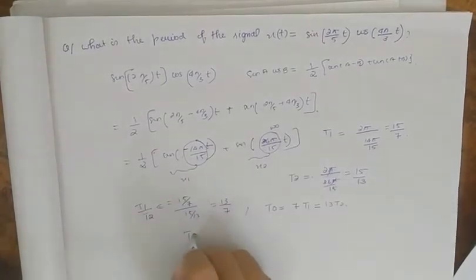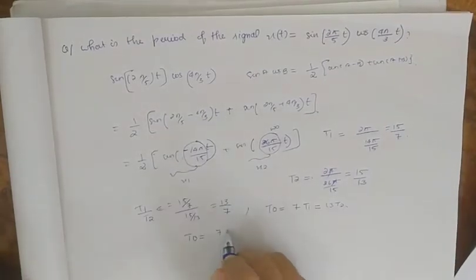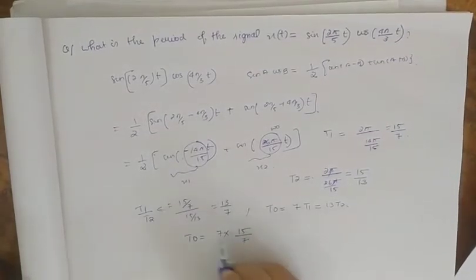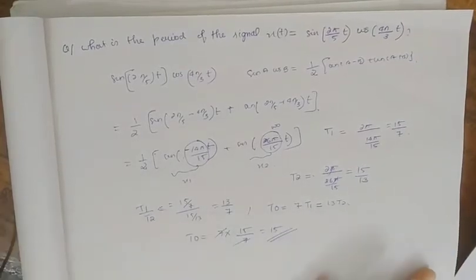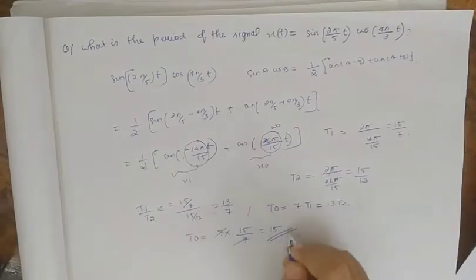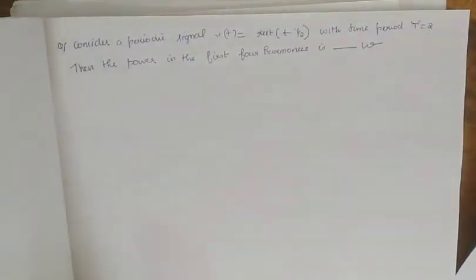Okay, so our T0 is equal to 7 into, instead of T1 we'll write 15 divided by 7, so our time period is 15 seconds. Okay, now let's do the next question.